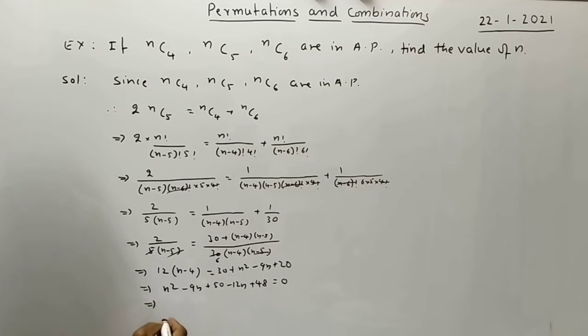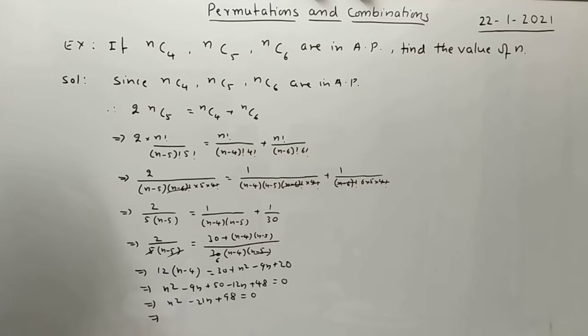This implies n square minus 21n plus 98 is equal to 0.